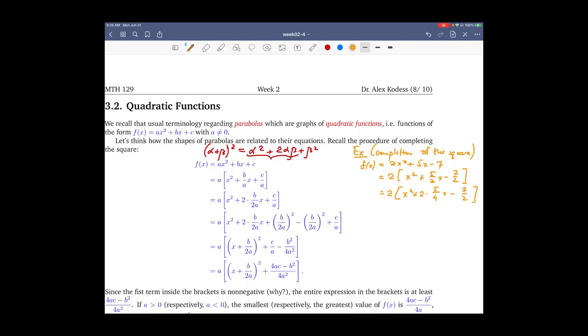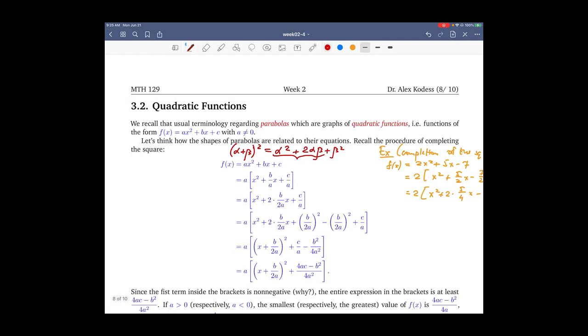Now, we view x as our first number and 5 quarters as our second number, and pretend we are squaring the sum x plus 5 quarters. Right? If we were to square x plus 5 quarters, the result would be x squared plus twice the product, x times 5 quarters, plus the square of 5 quarters.